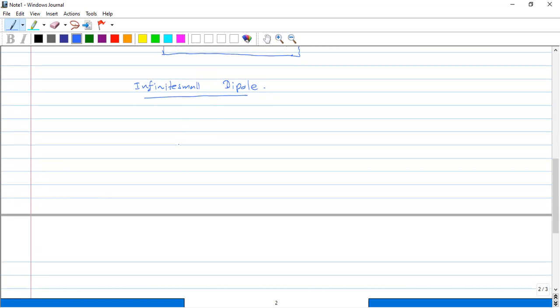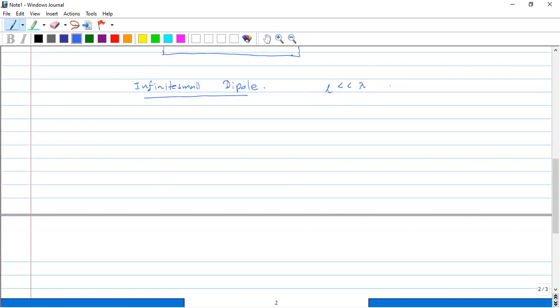So what does infinitesimal dipole mean? The dipole length is very much less than the wavelength. That is the infinitesimal dipole.